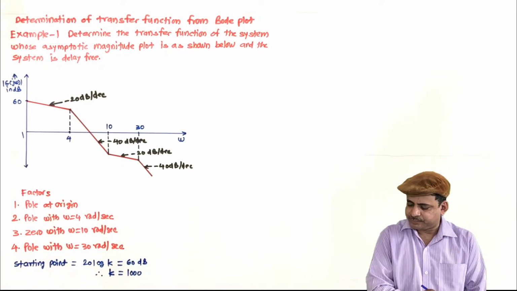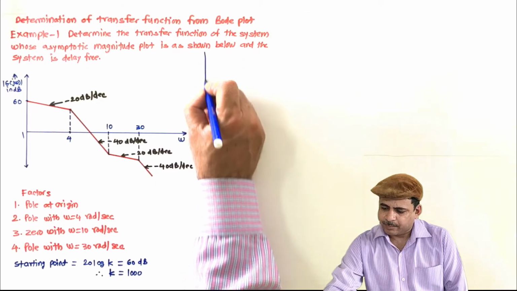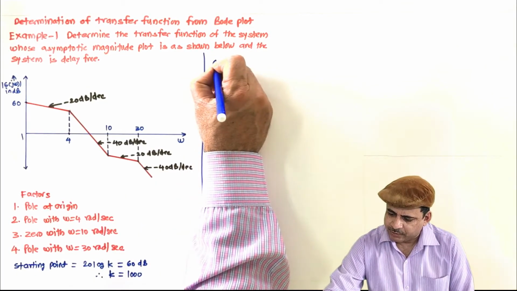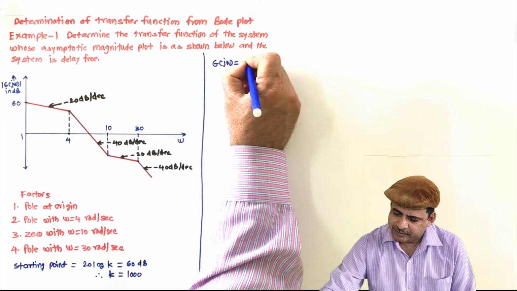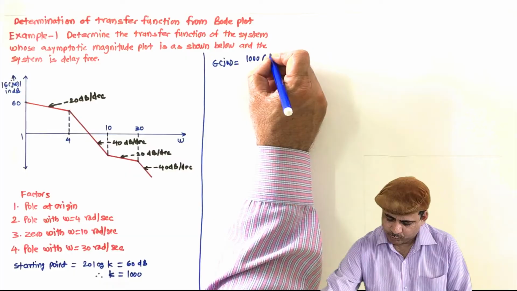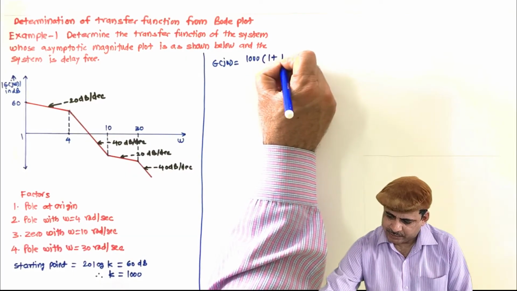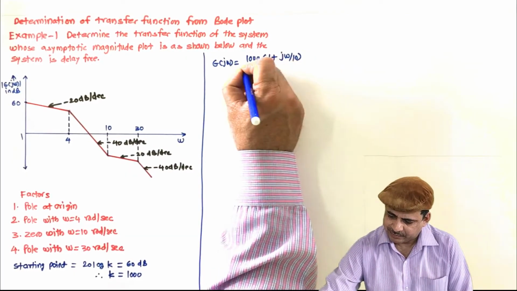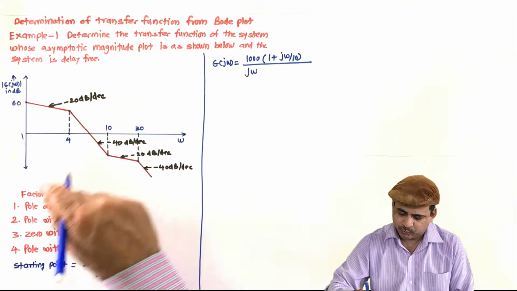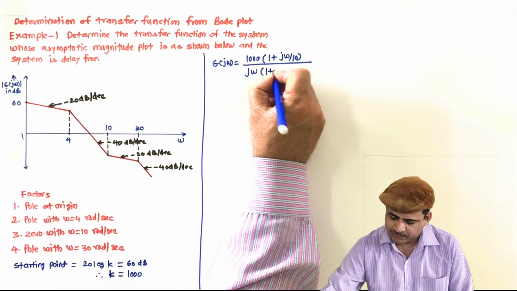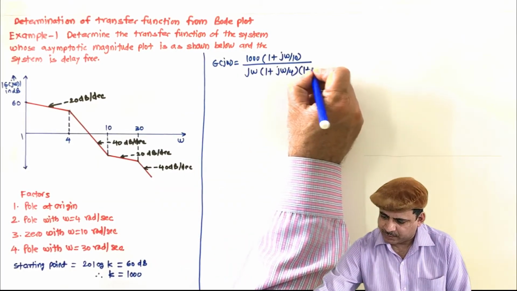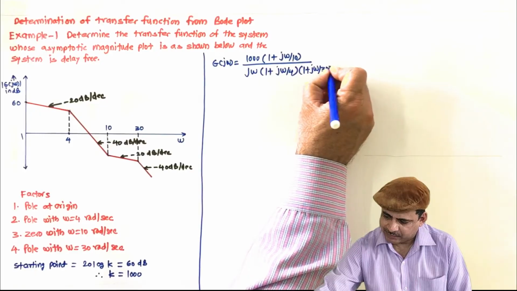Then next, from this what we get, we can write down G(jω) is equal to 1000, that is k, into (1 + jω/10), this zero, then jω, this pole at origin, (1 + jω/4), this pole, and (1 + jω/30).